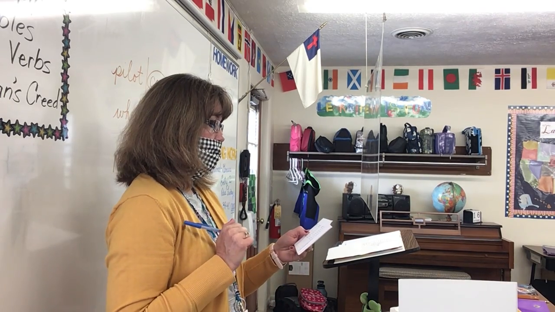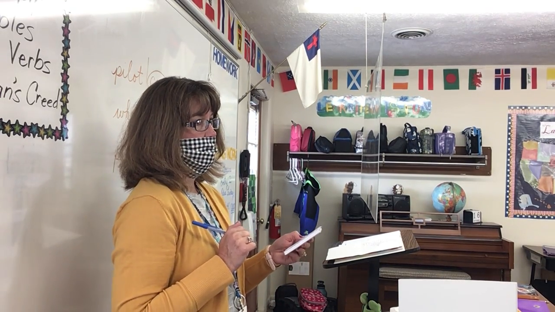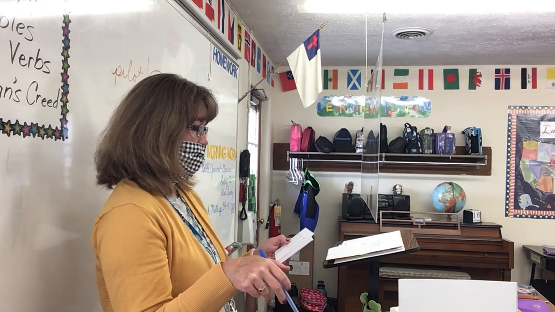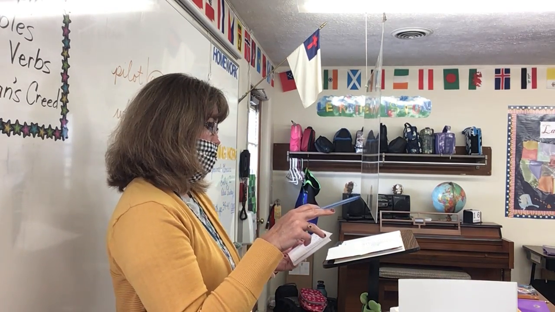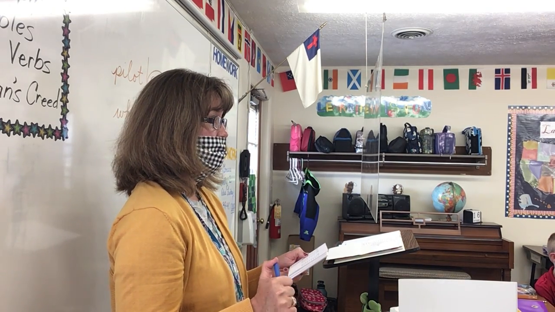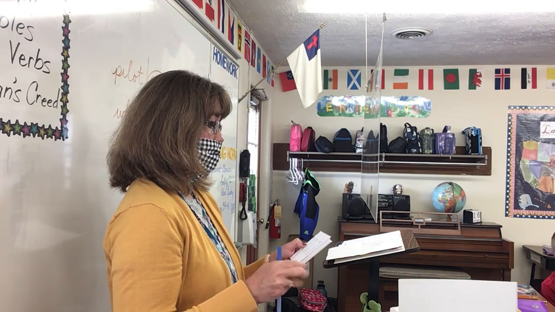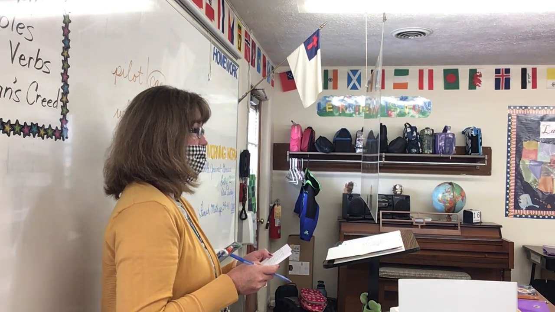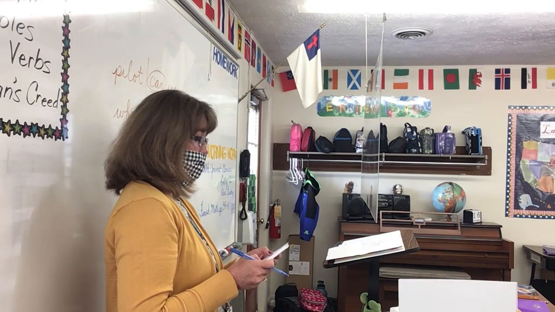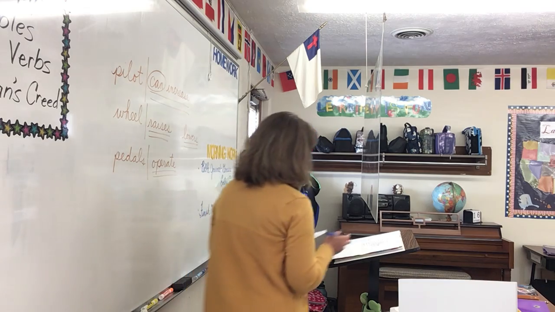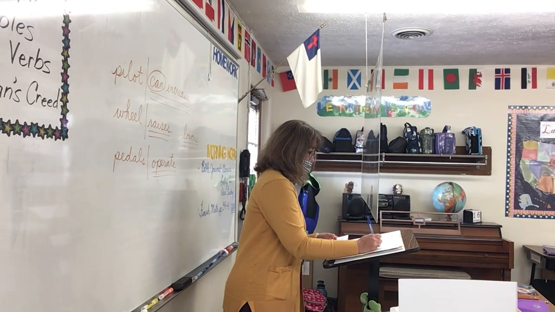I'll say it again. 9 divided by 3. So how many times does 3 go into 9, basically? 9 divided by 3 times 6 minus 3 plus 7 equals. 22. Yes. Oops.